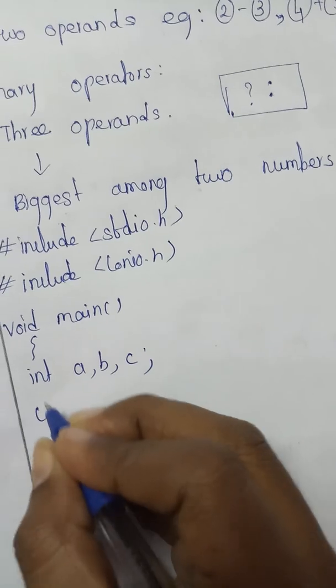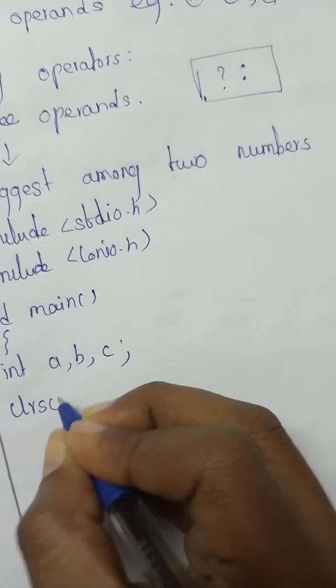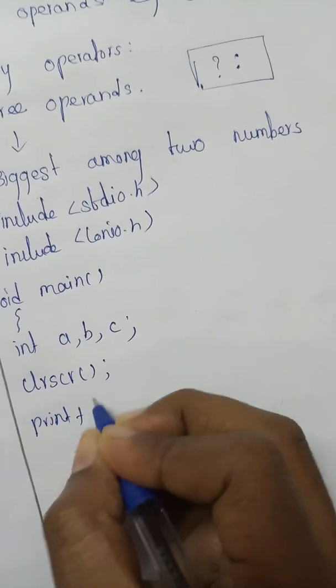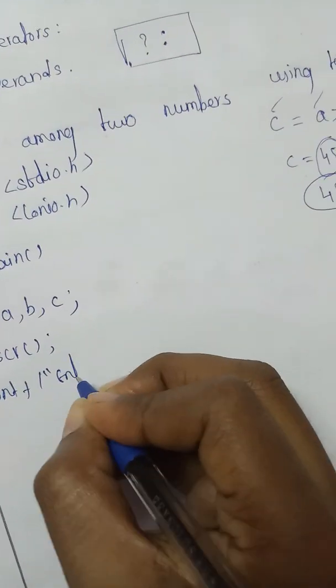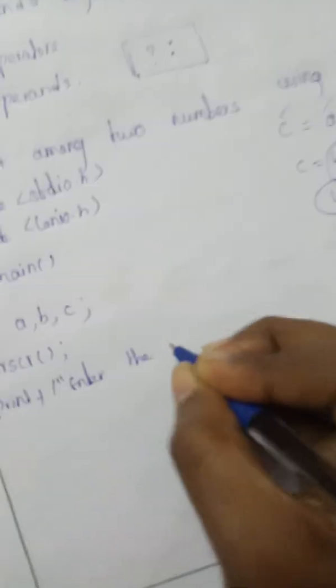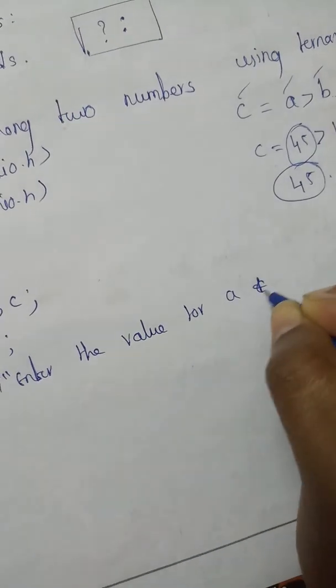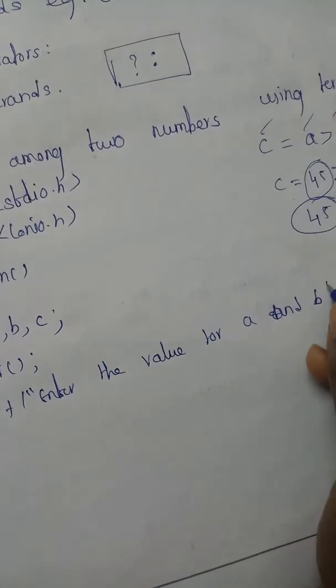Then we need to declare clrscr, and then printf, enter the value for a and b.